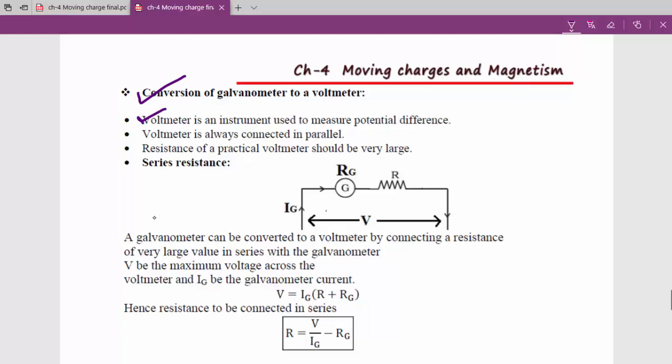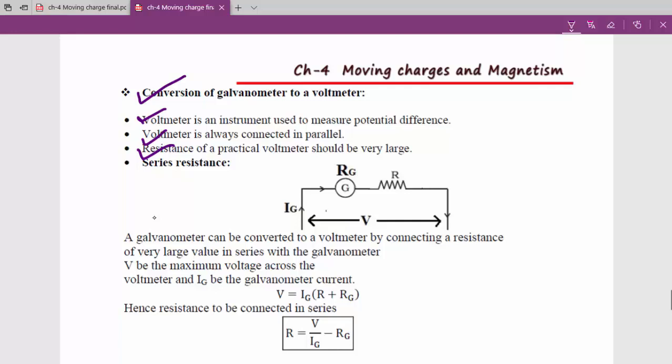This voltmeter is always connected in parallel because it should not draw any current. So the resistance of the voltmeter is always high. As I told, the resistance of a voltmeter is very high because it should not draw current from the component.